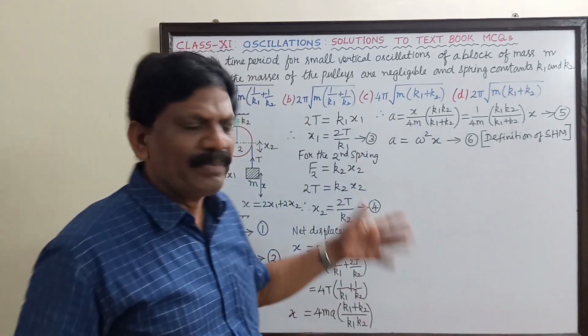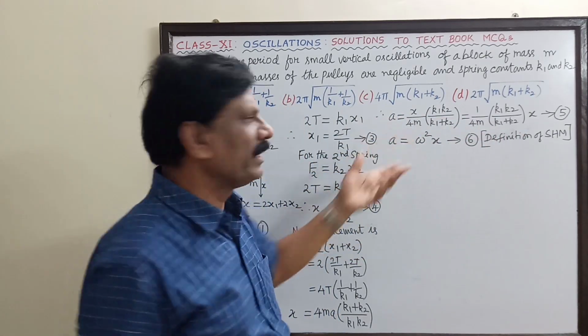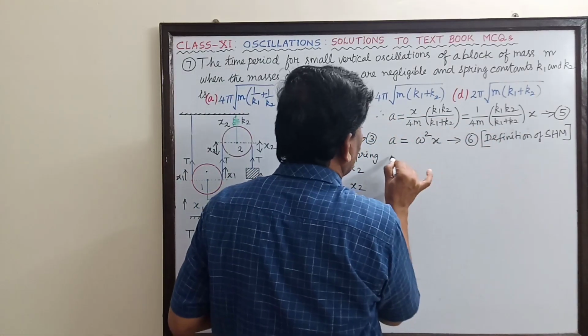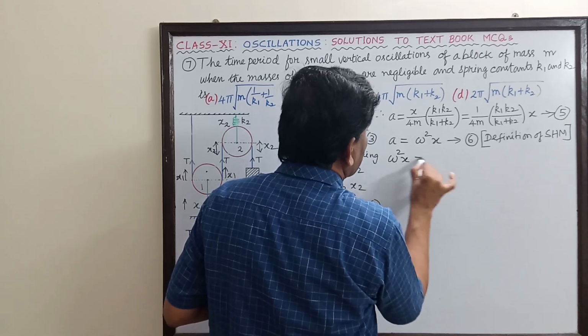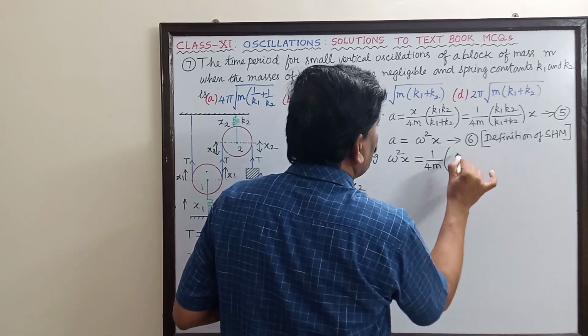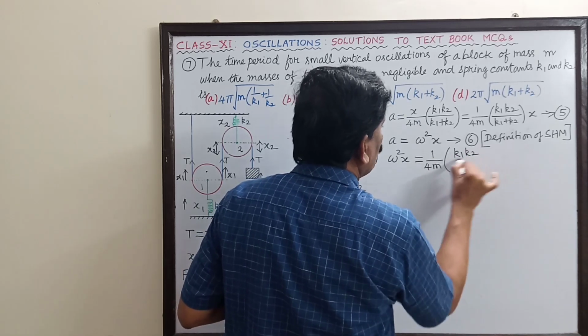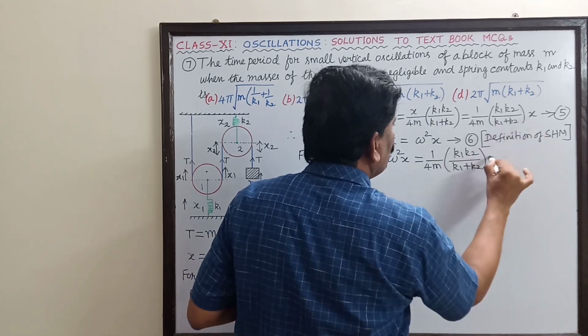Now I am going to compare equations 5 and 6. Left hand sides are same, so right hand side: omega square into x is equal to 1 by 4m into k1 k2 divided by k1 plus k2 into x.